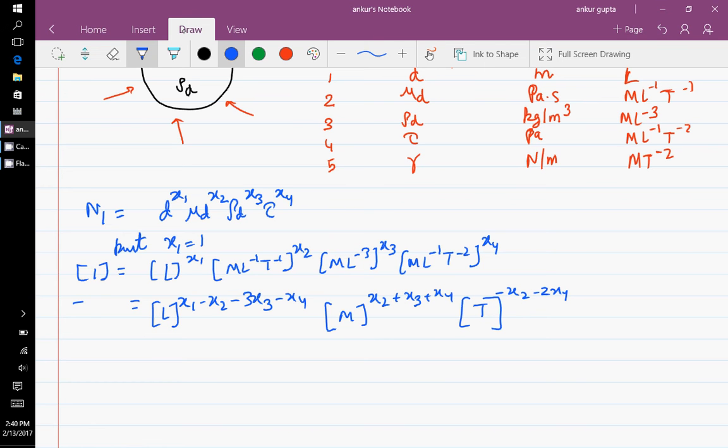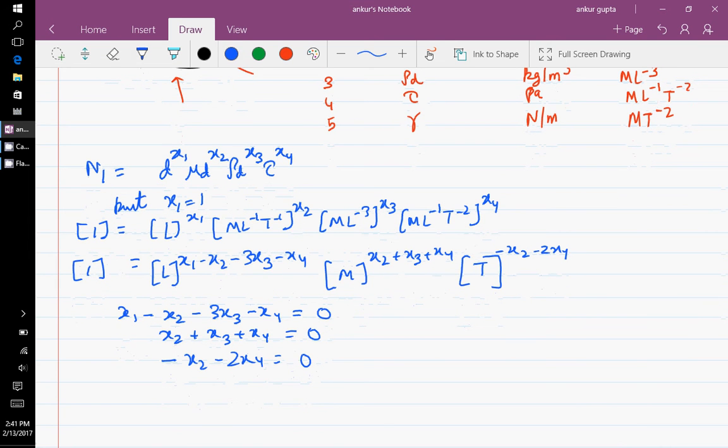Now I want to have the final solution such that the dimensions of n1 is unity. So all these powers of L, M, and T have to go to 0, or x1 minus x2 minus 3x3 minus x4 equal to 0, x2 plus x3 plus x4 equal to 0, and minus x2 minus 2x4 equal to 0.